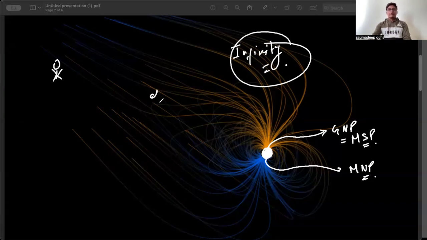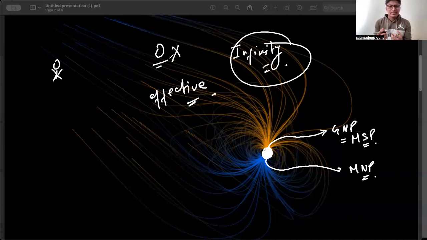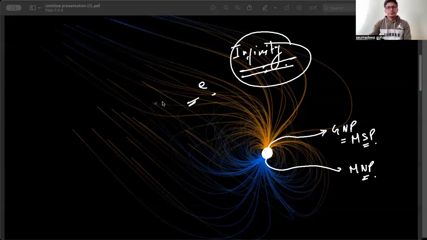The effective distance of the magnetic field lines is somewhat a few hundred kilometers, but it never becomes zero. Even far apart from each other, the field lines run to infinity. Okay, now let us move on with our current topic.